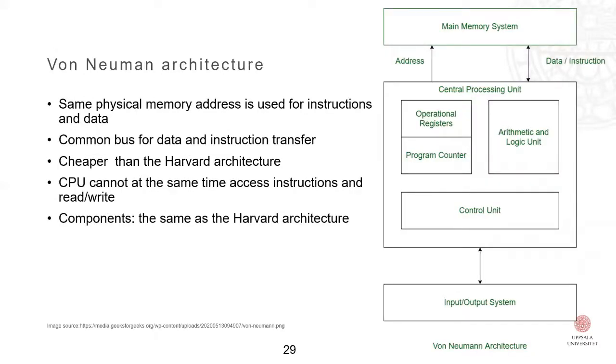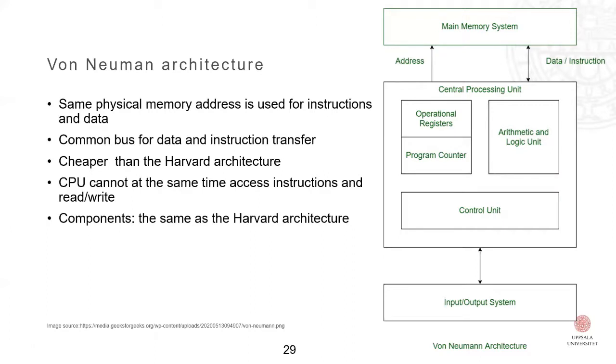So von Neumann came up with his own architecture, which has the same physical memory address for both instructions and data. And in his architecture, there is the same bus for fetching data and instruction and for carrying their address.